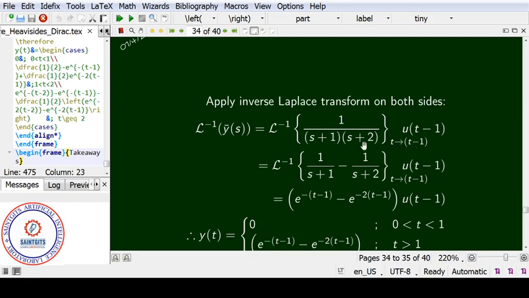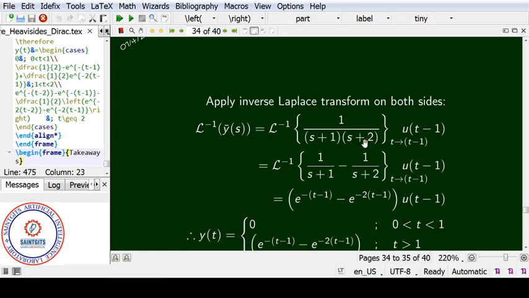I split it into two fractions, 1 divided by the difference of the factors. The difference of the factors is minus 1, so minus 1 by minus 1 is 1. Then 1 by the first factor minus 1 by the second factor. Without using partial fractions, I do it like this. Now L inverse of 1 by s plus 1 is e raised to minus t. L inverse of 1 by s plus 2 is e raised to minus 2t.